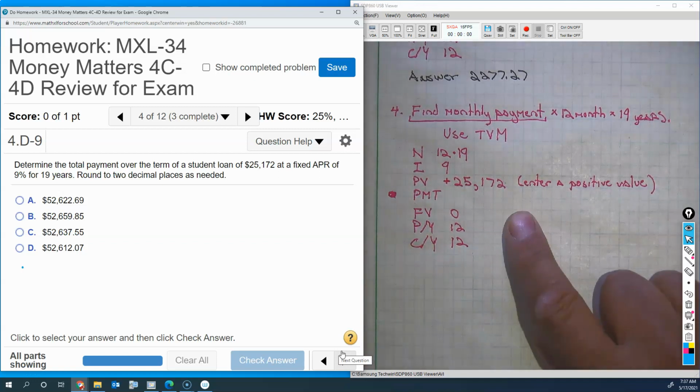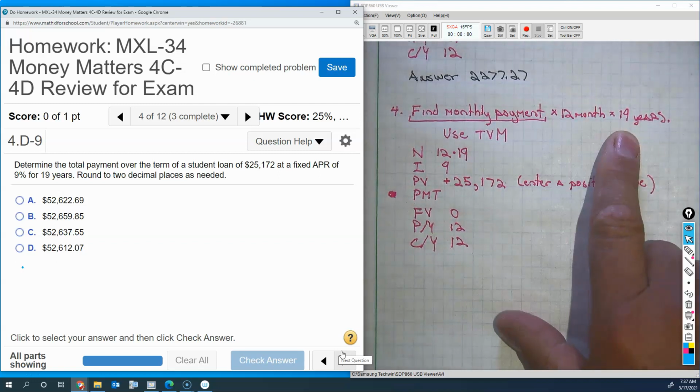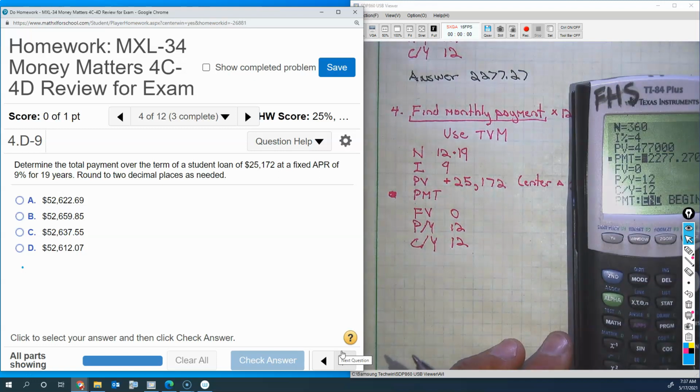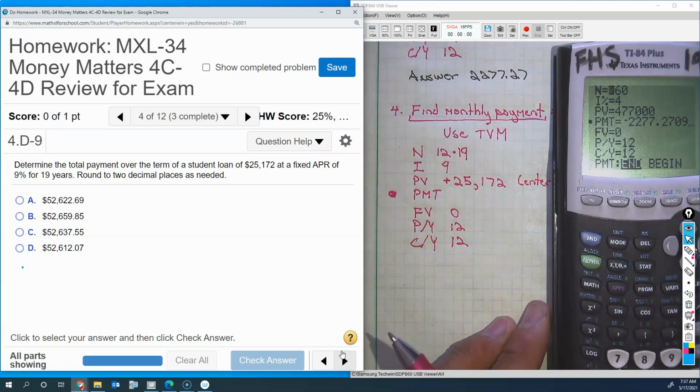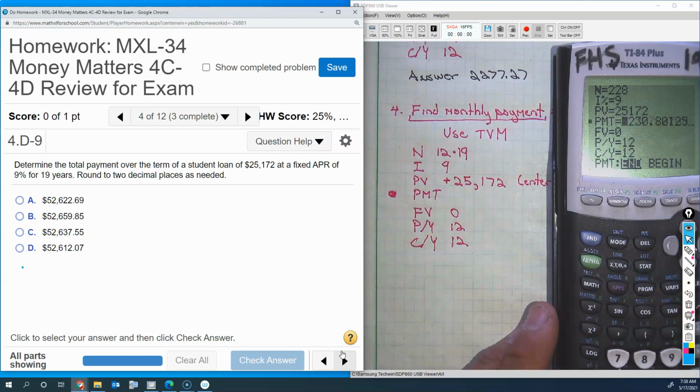So the only thing that we do different here is once we get this number, we're going to multiply it by 12 and then by 19. So 12 times 19, 9, 2, 5, 1, 7, 2, 12, 12. Okay. And then I go back to payment, alpha, enter.